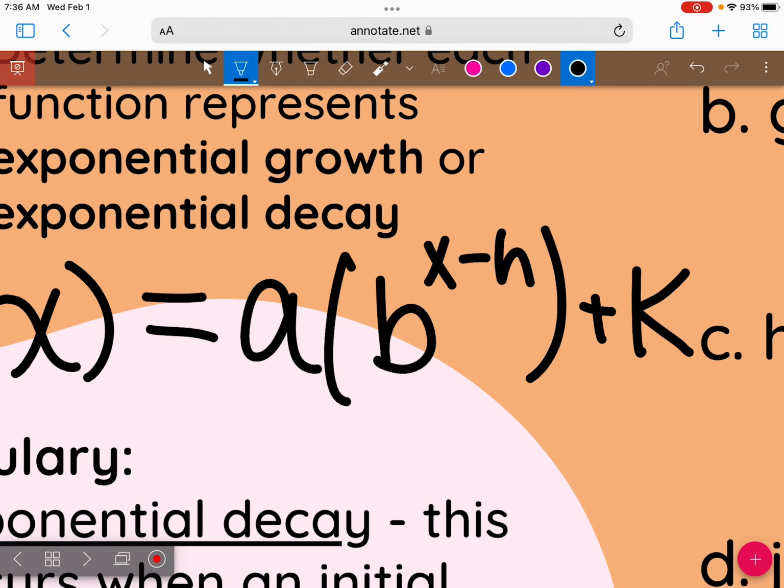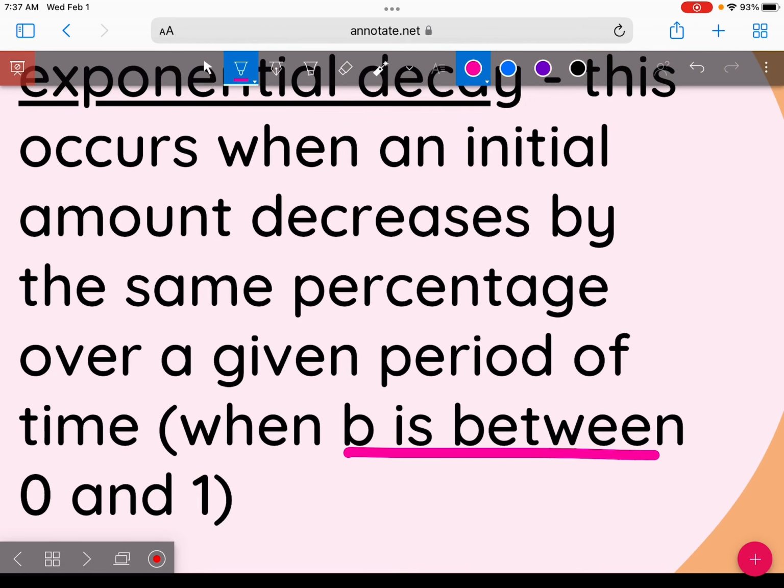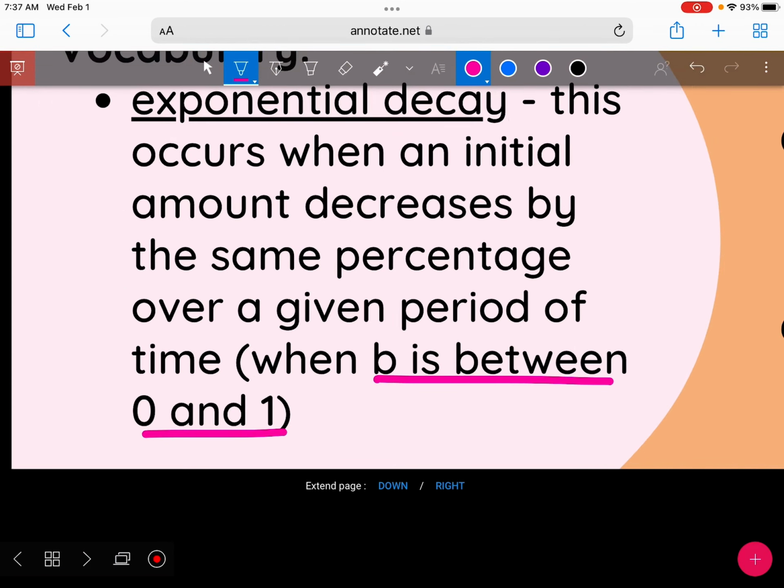So this is saying that an exponential decay happens when b, this value right here, is between 0 and 1. So if b is less than 1 but greater than 0, that's when we know we have an exponential decay function.